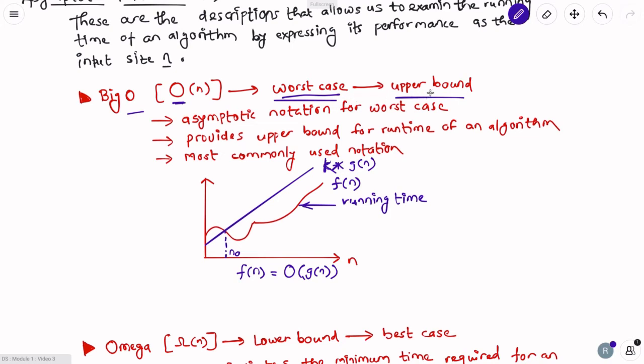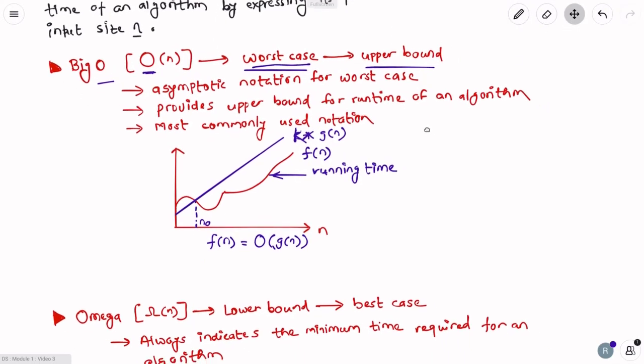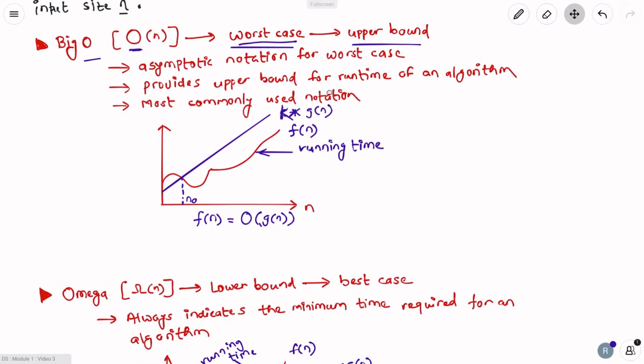So let's discuss it in more detail. As I said, it is the asymptotic notation for the worst case. It provides the upper bound for the running time of an algorithm, and it is the most commonly used notation. So as a programmer, we should always worry about the big O notation. Now let's understand the significance of this big O notation.